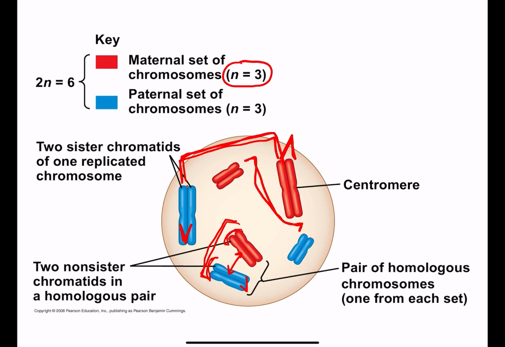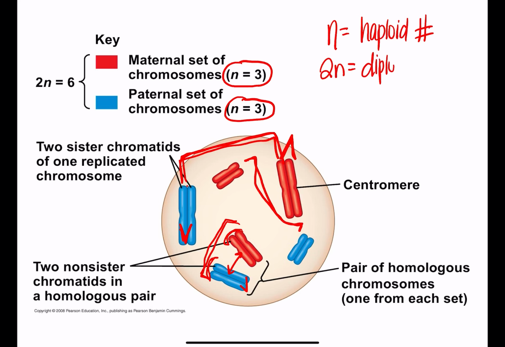So, looking at this cell, we see what's referred to as haploid numbers and diploid numbers. And we'll talk about that more when we talk about meiosis later this week. But N equals the haploid number. 2N equals the diploid number.